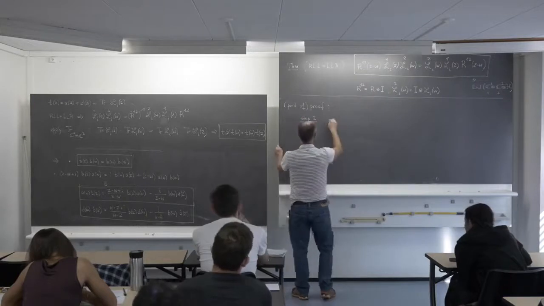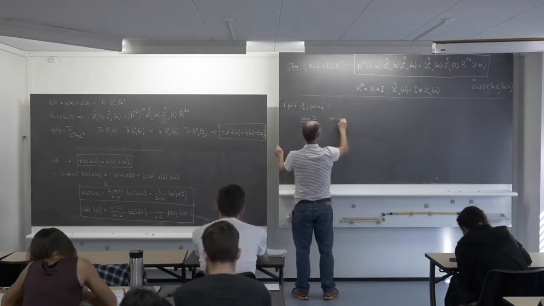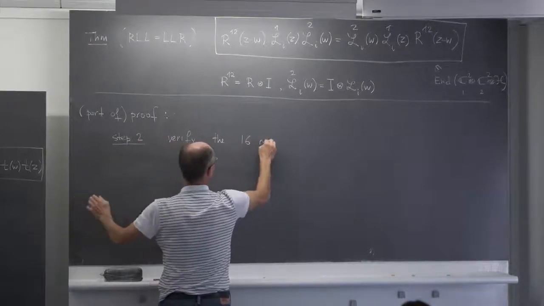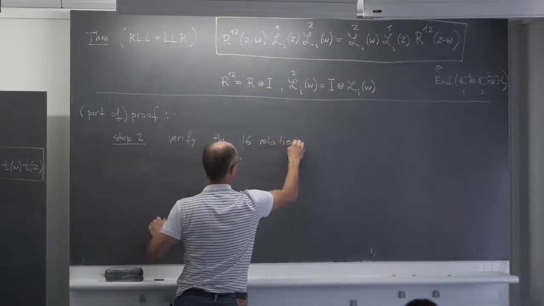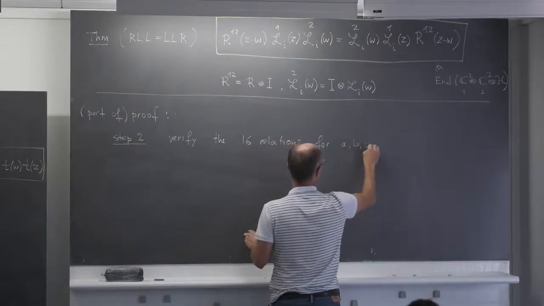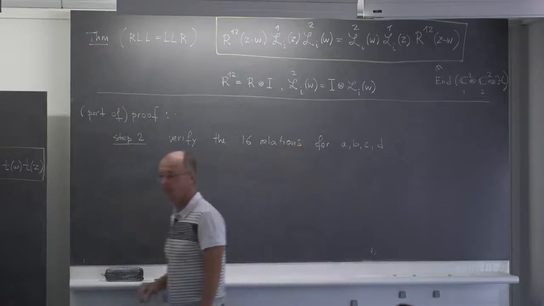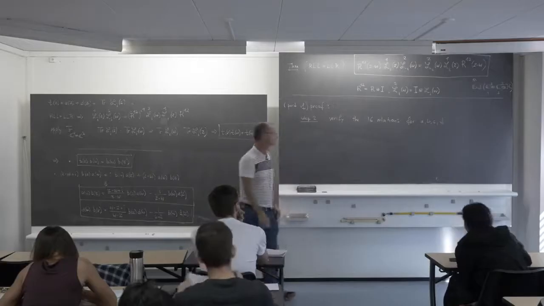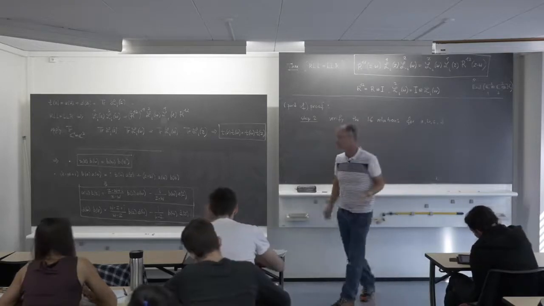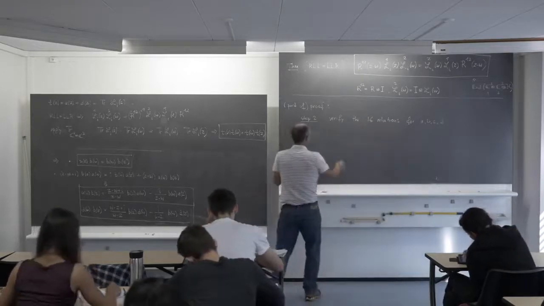Step 2 is very easy: verify those 16 relations for those A, B, C, D. Now, examples.